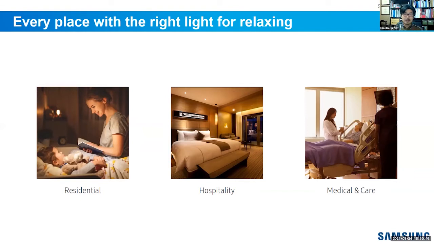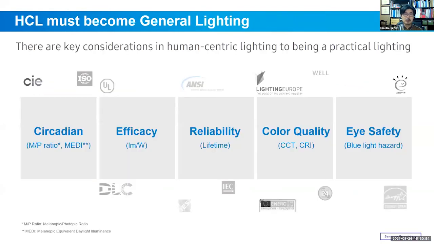Okay, you're right. When it comes to practical lighting installation, what's important is not only the circadian metrics that we showed here, like MP ratio or MEDI, but also all the other figures of merit, such as efficacy of lighting, reliability, color quality, and eye safety.